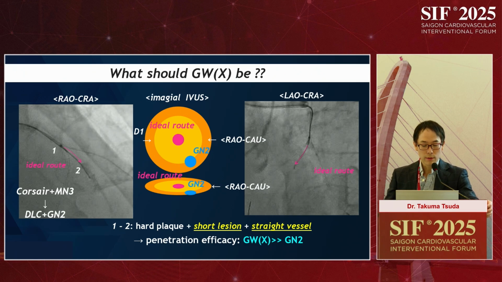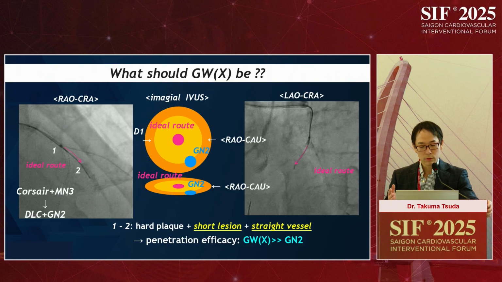The imaginary IVUS may predict this kind of guide wire location: Gaia Next is on the more inner side, the myocardium side, compared to the ideal route. So we have to assess why Gaia Next failed and went to the subintimal space.